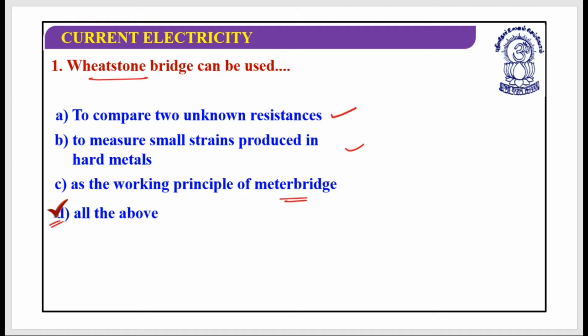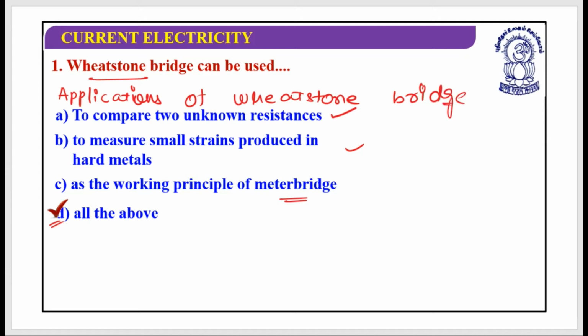So all of the above are correct. These are the applications of the Wheatstone bridge. You can take a note of this.